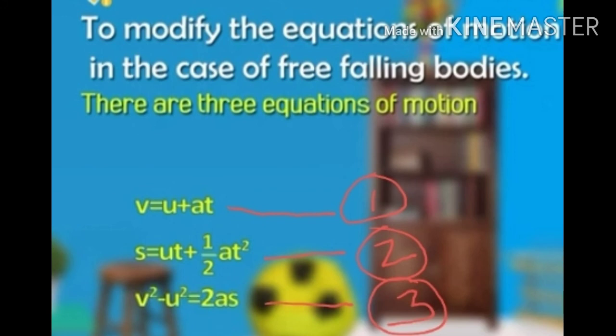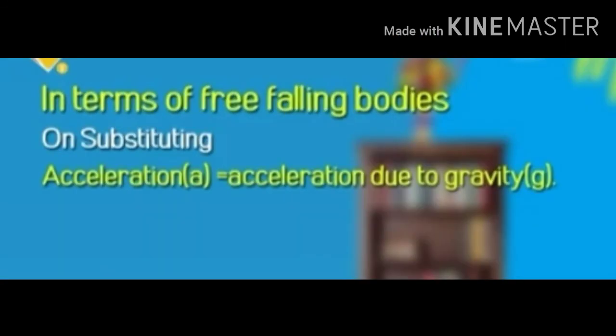Here, u and v are the initial and final velocity, and s is the distance covered in time t. Now we write these equations for free falling bodies.